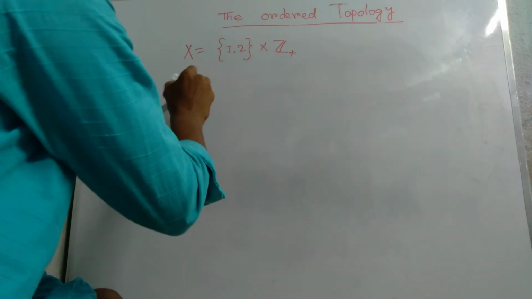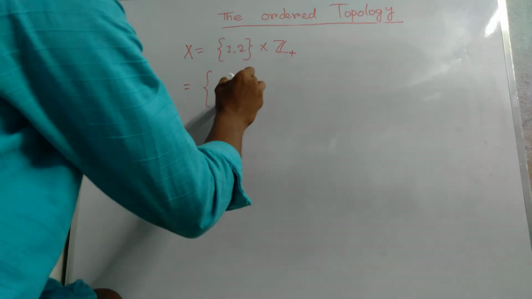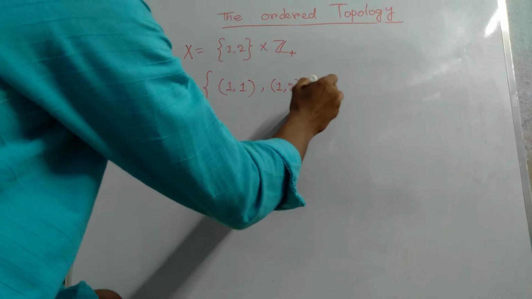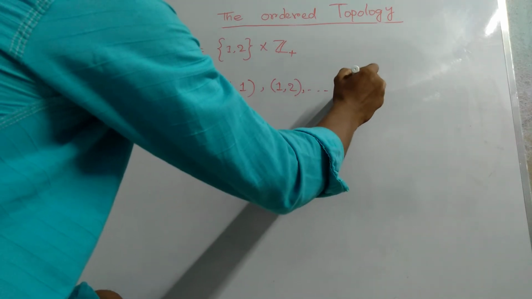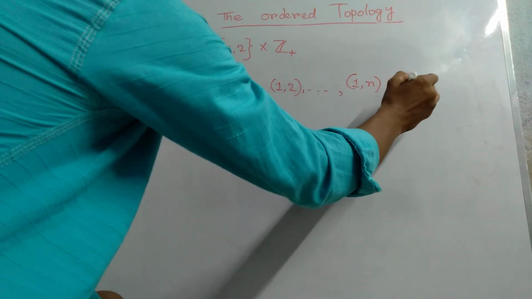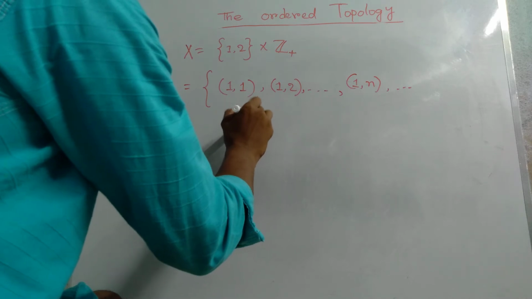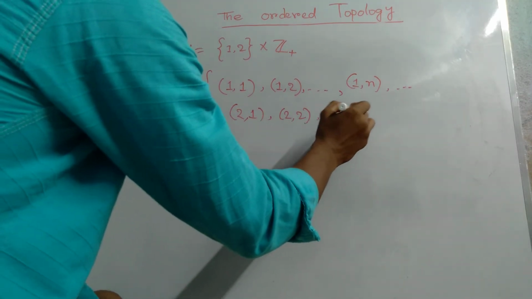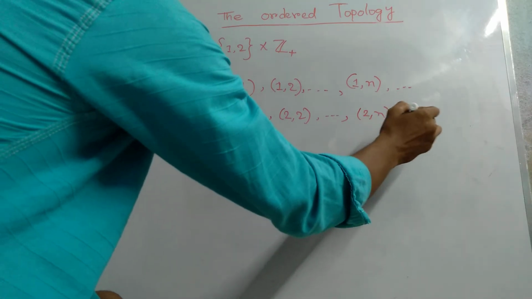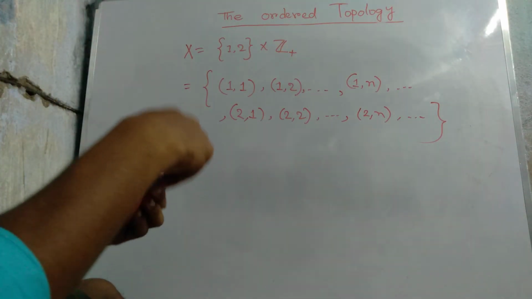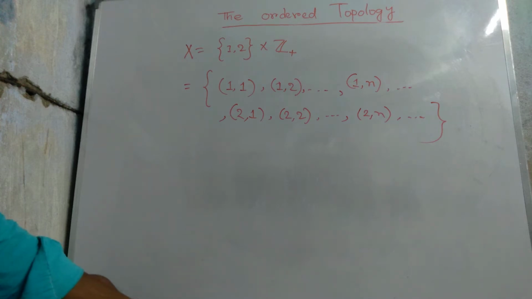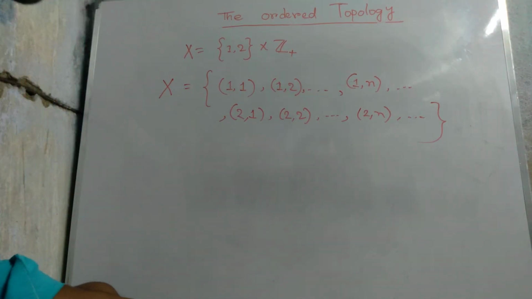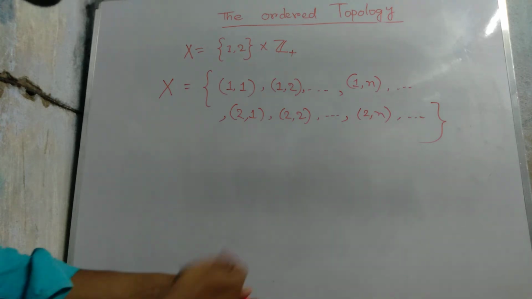Then the elements are (1,1), (1,2), ..., (1,n), ..., (2,1), (2,2), ..., (2,n), in this way. These are the set X, and we also define the dictionary order here.